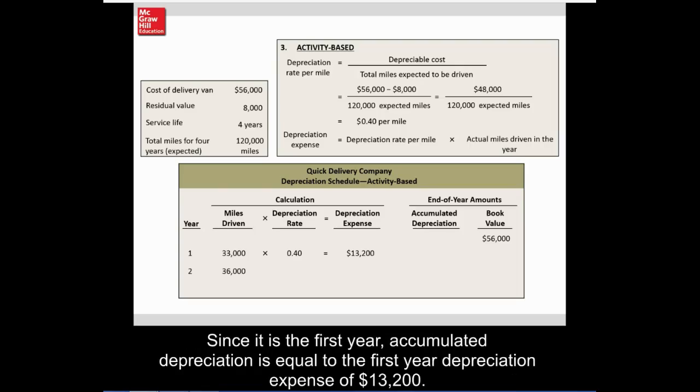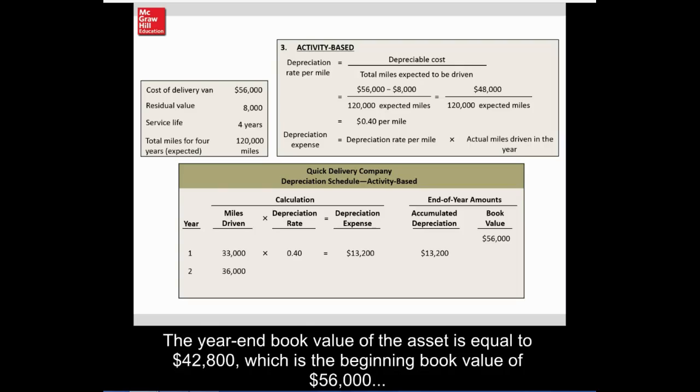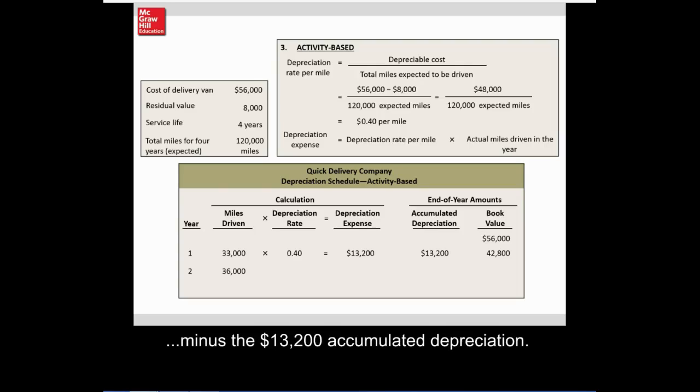Since it is the first year, accumulated depreciation is equal to the first year depreciation expense of $13,200. The year-end book value of the asset is equal to $42,800, which is the beginning book value of $56,000 minus the $13,200 accumulated depreciation.